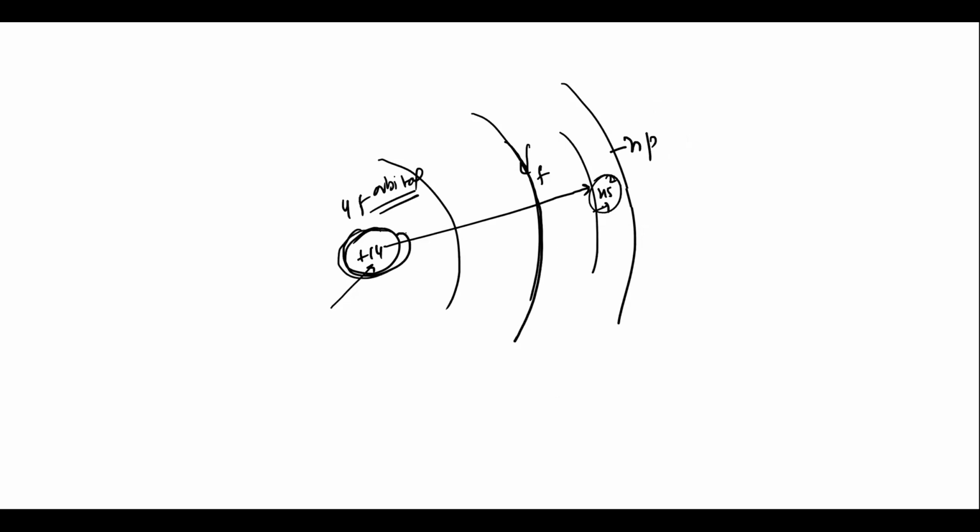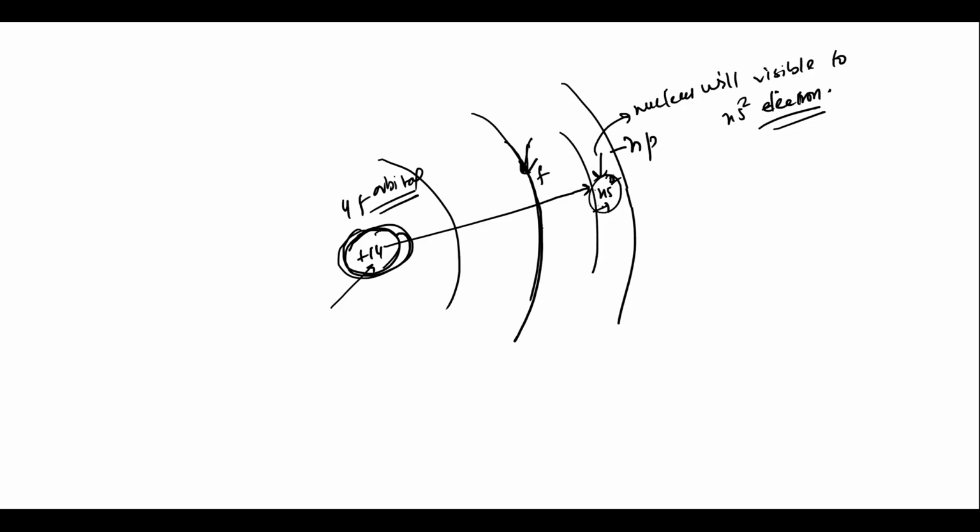But due to the poor shielding of f electrons, the nucleus will be visible to the ns2 electrons, as a result of which, due to the increase in positive charge, they are not participating in the bonding. You understood?